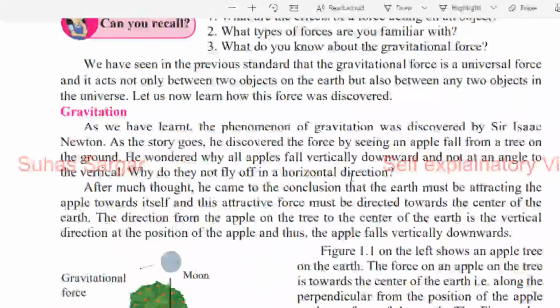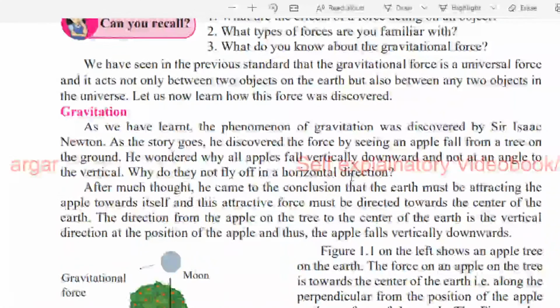First, gravitation. As we have learned, the phenomenon of gravitation was discovered by Sir Isaac Newton. As the story goes, he discovered the force by seeing an apple fall from a tree on the ground. He wondered why all apples fall vertically downward and not at an angle to the vertical.